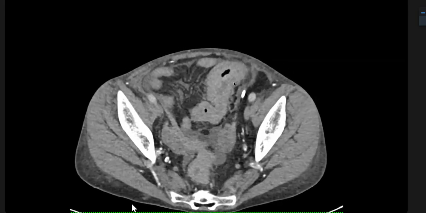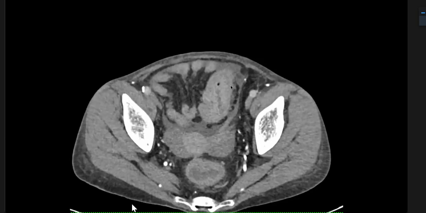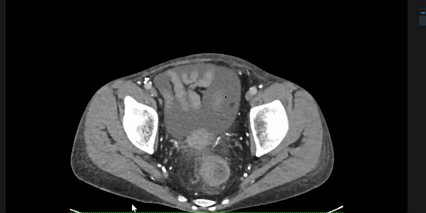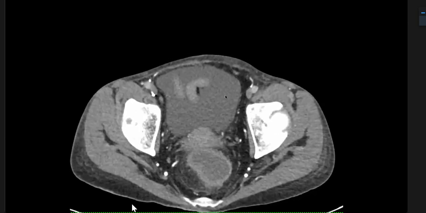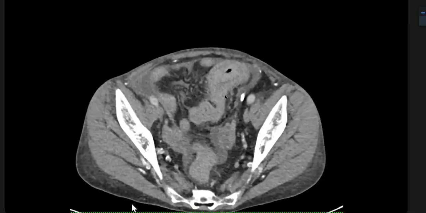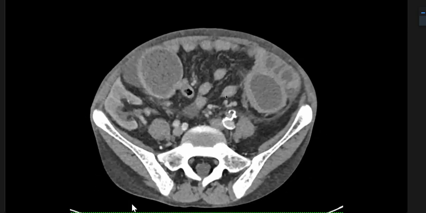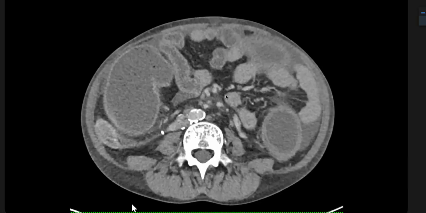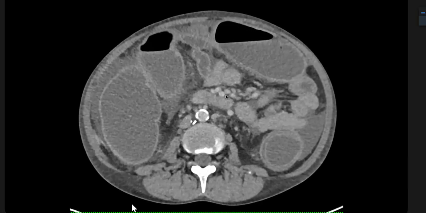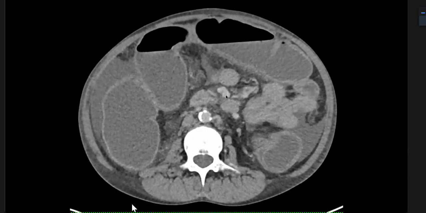A loop of the sigmoid colon is thickened as well. There is ascites as well as hazy mesentery.